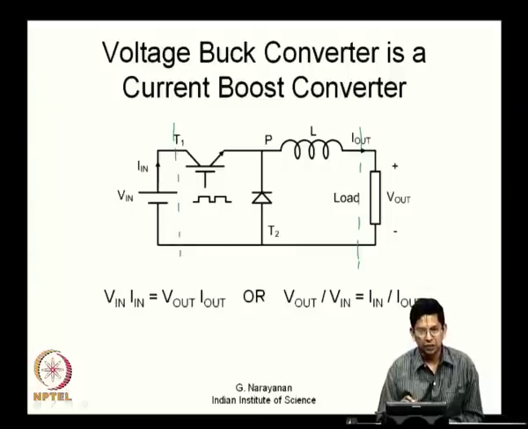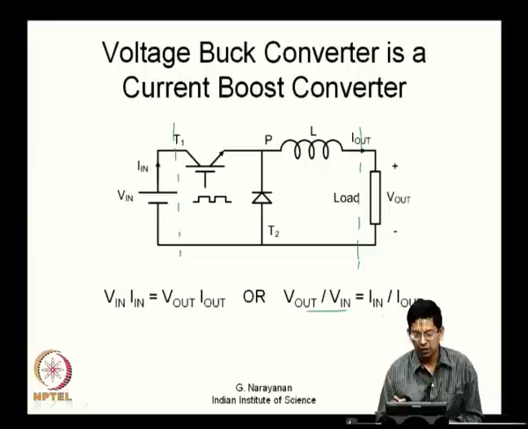If you rewrite this, V out by V in is equal to I in by I out. So, if V out by V in is less than 1, then I in by I out should also be less than 1. So, if the voltage is bucked, then the current gets boosted.